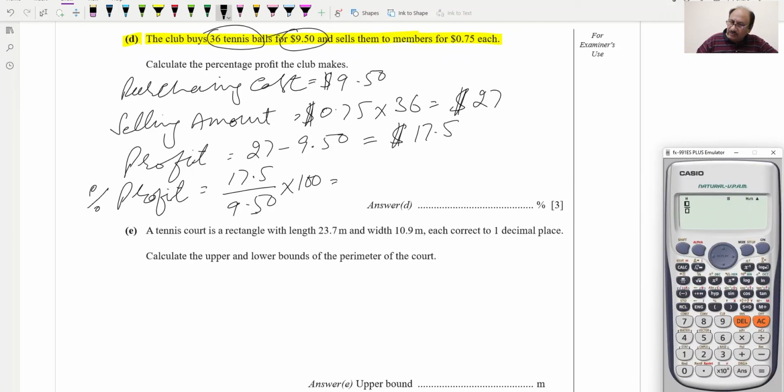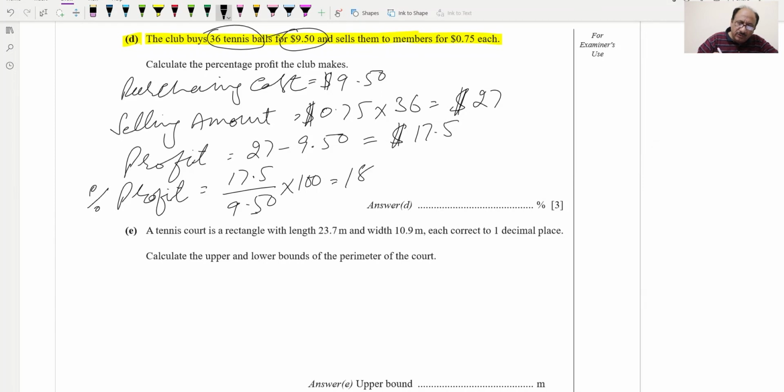So 17.5 divided by 9.50 multiplied by 100 is equal to 184.21. They are saying calculate the percentage profit the club makes, so our answer is 184%, and this is a 3 marks question which we are done.